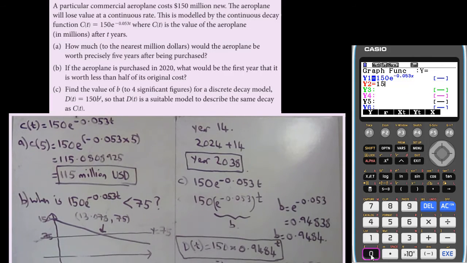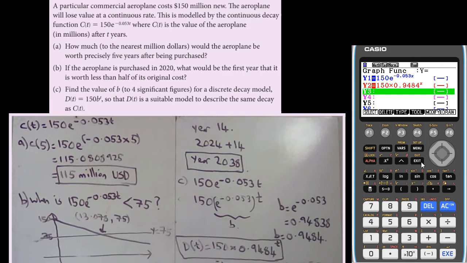So 150 times 0.9484 to the power of x. Actually, I'm not going to have a look at the graph, I'm going to have a look in table.